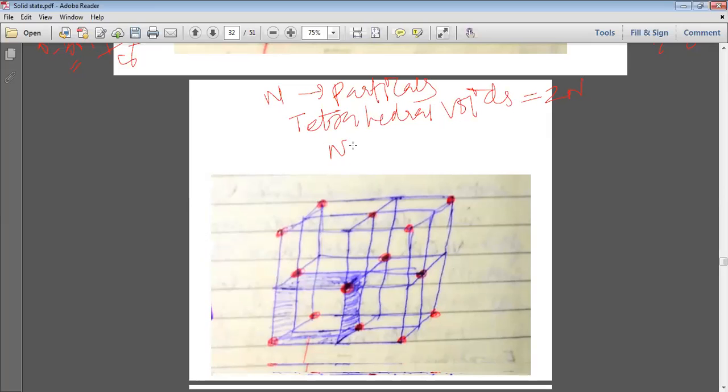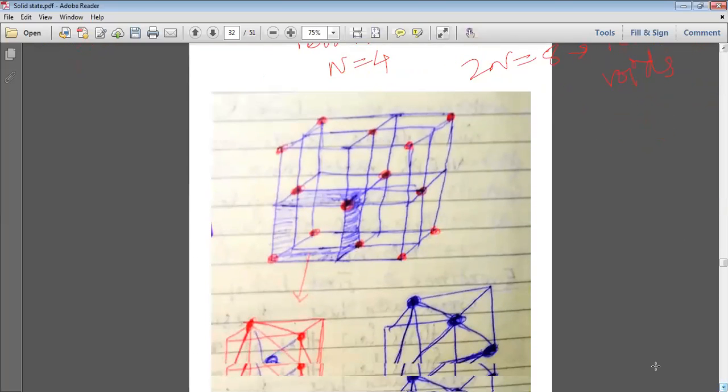We have just seen that if we have n particles arranged, the tetrahedral voids are equal to 2n. So if n is equal to 4, then 2n is equal to 8. That means we should have 8 tetrahedral voids. And you can see that we have 8.